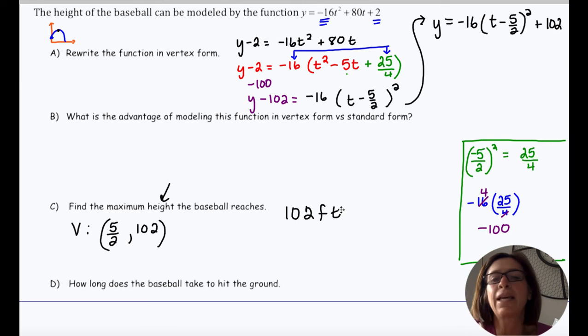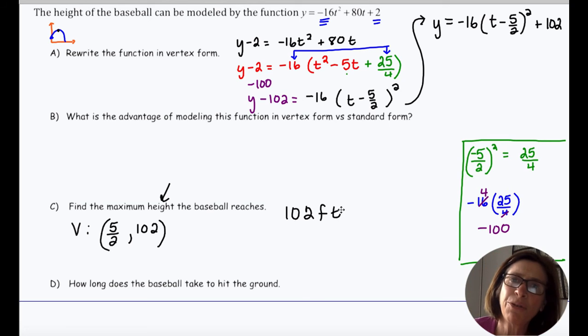All right, so think about it. I really want you to know the advantages of modeling something in standard form, vertex form, or intercept form. So in vertex form, you can quickly see the vertex, right? Like we can know the general shape of the graph. We can see how high it goes. And a lot of times that's going to be really helpful to us. In standard form, I can see the y-intercept and I can see the general shape, but I can't really see much more than that.